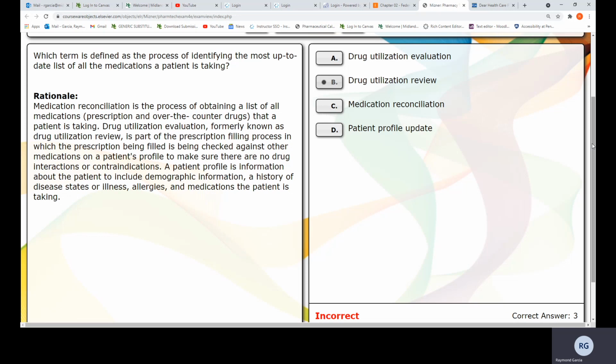Patient profiles contain information about the patient, including demographic information, history of disease state, illness, allergies, and medications the patient is taking. So it's medication reconciliation.